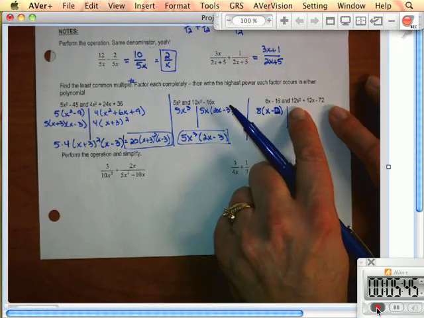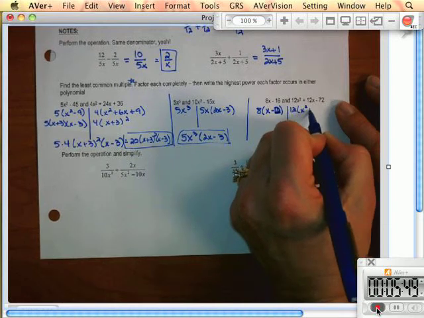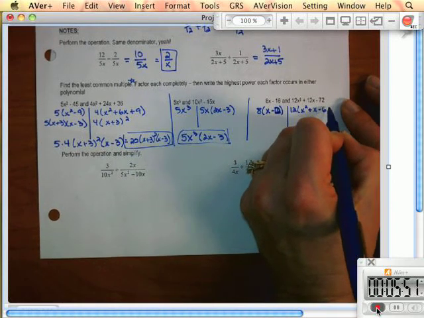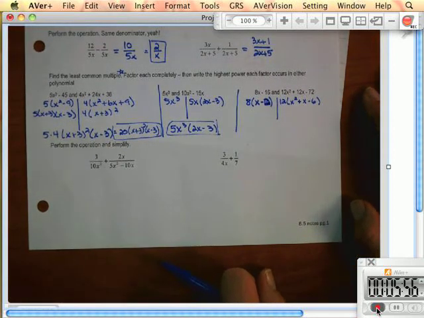A 12. Let's do that first. And then can I factor that trinomial? Factors of -6 that add to +1. 3 and 2, right? +3 and -2.